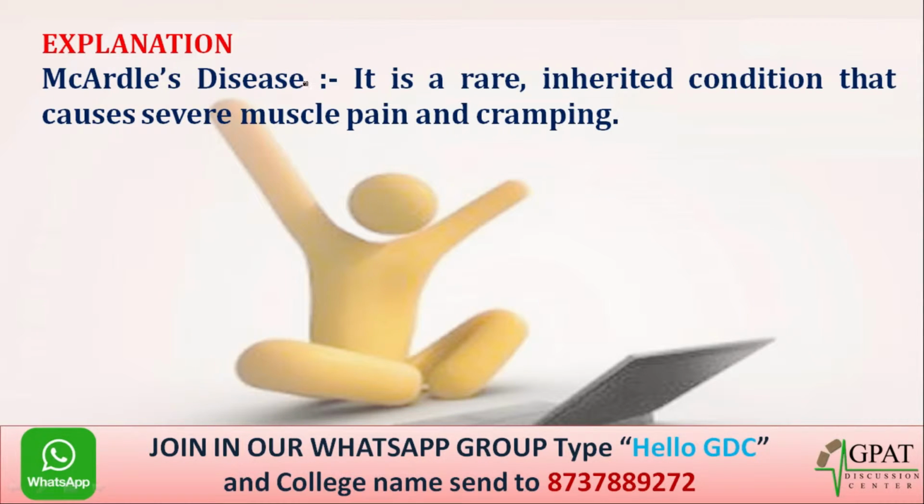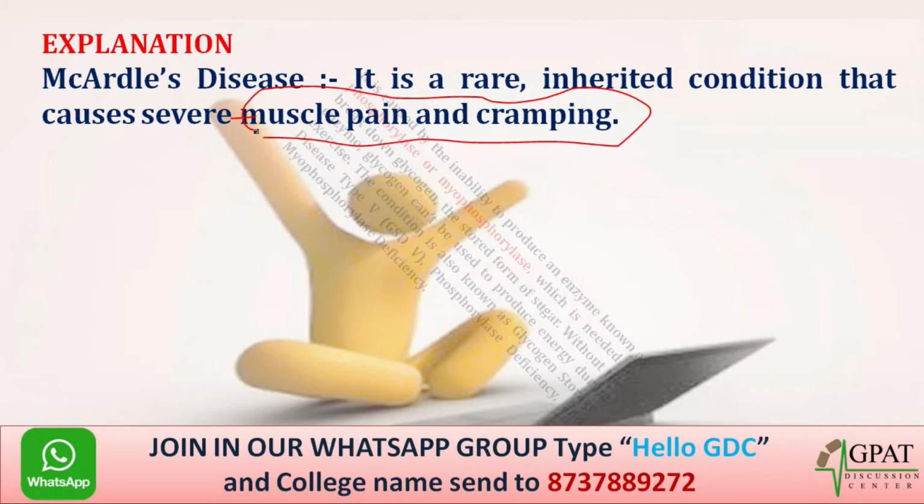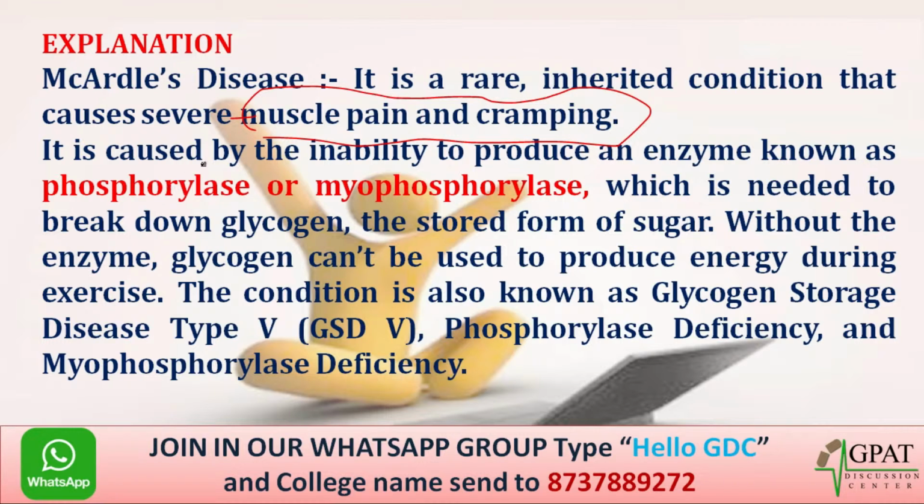Myocardial disease is a rare inherited condition that causes severe muscle pain and cramping. Students, try to note down that muscle pain and cramping occur, and it is caused by the inability to produce an enzyme known as phosphorylase or myophosphorylase.